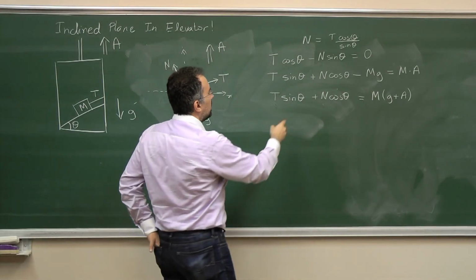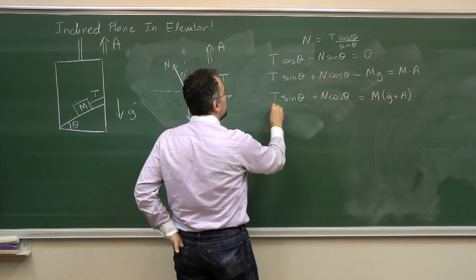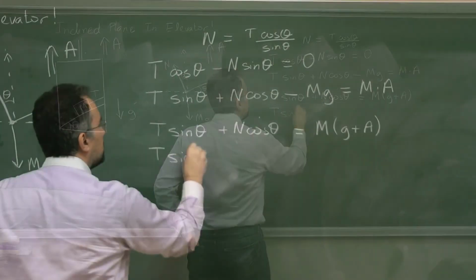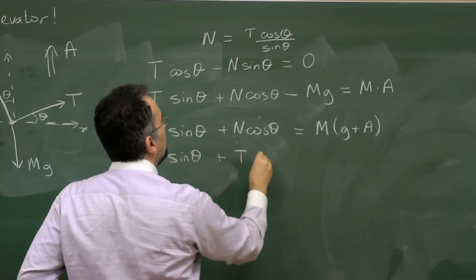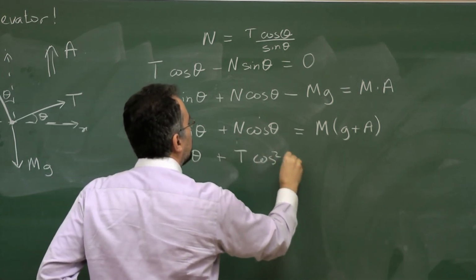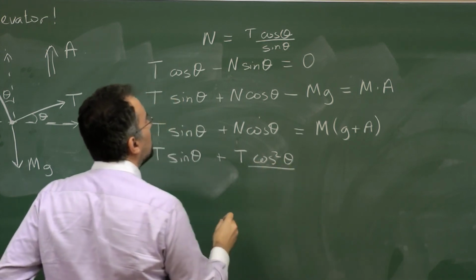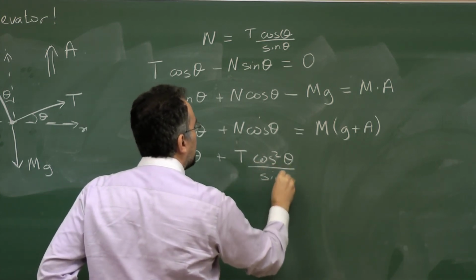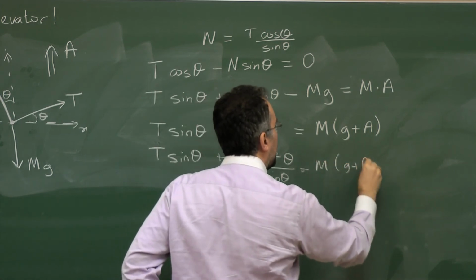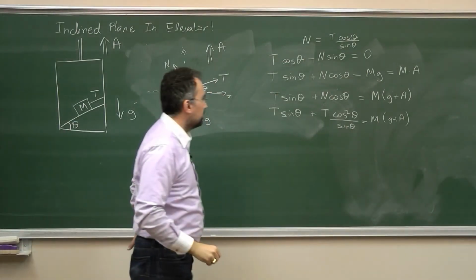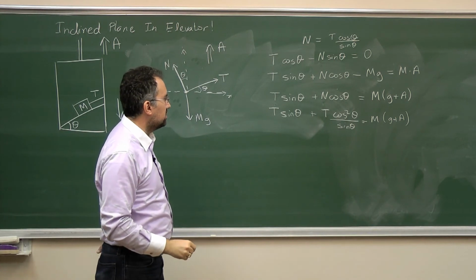Right. So I can substitute that N over here. So I get T sine theta plus, so N is T cos squared theta over sine theta, equals m times g plus a. Now, I don't like the sine theta in the denominator.